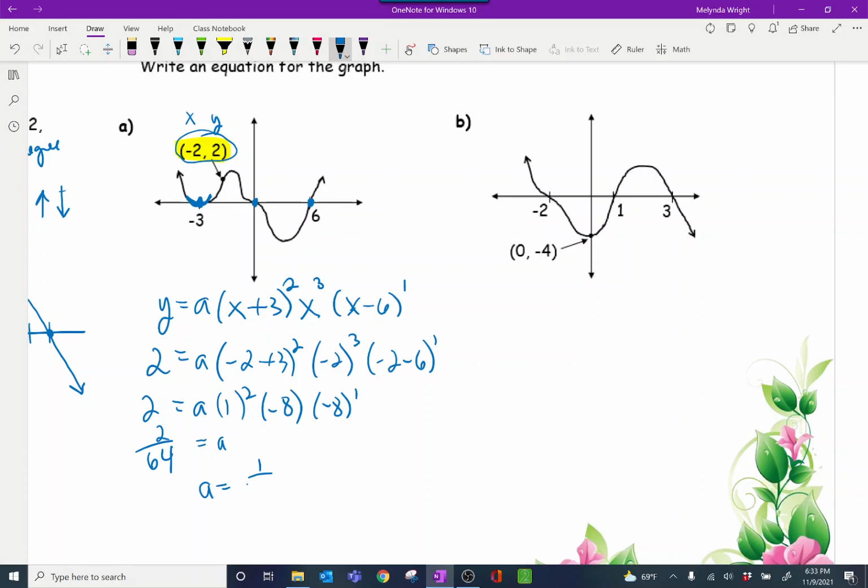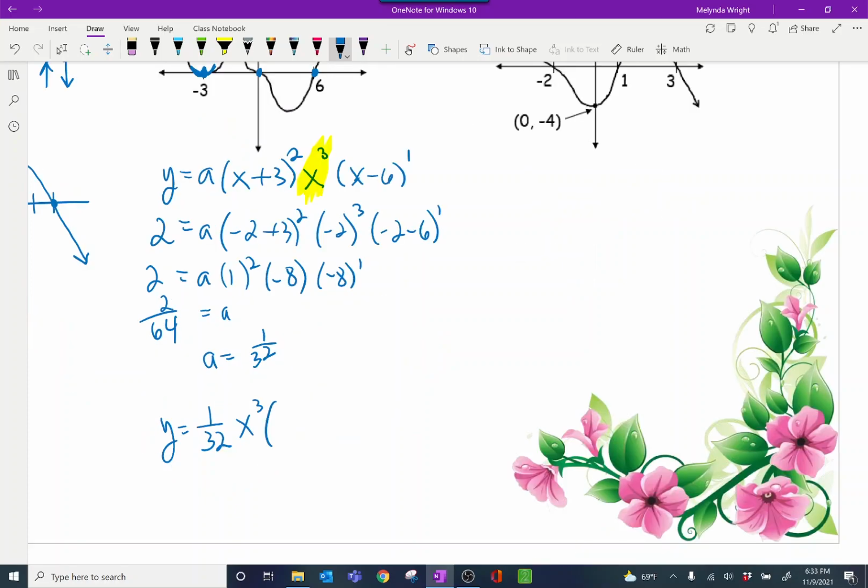And when our 0 is 0, you would normally write that first. You don't have to. That's just what you would normally do. So x cubed, and then it doesn't really matter the order you write the other ones in. x plus 3 squared, x minus 6.